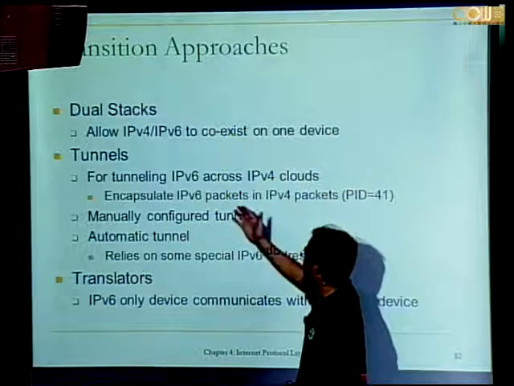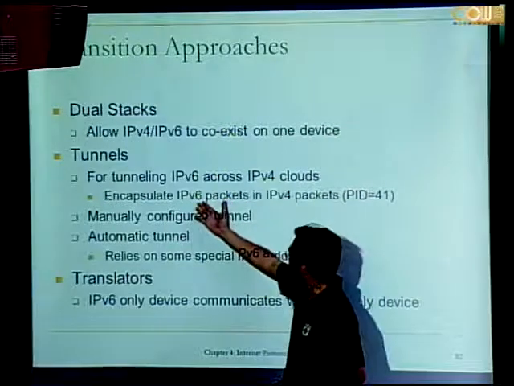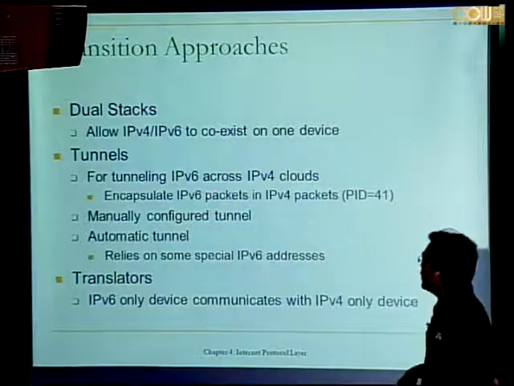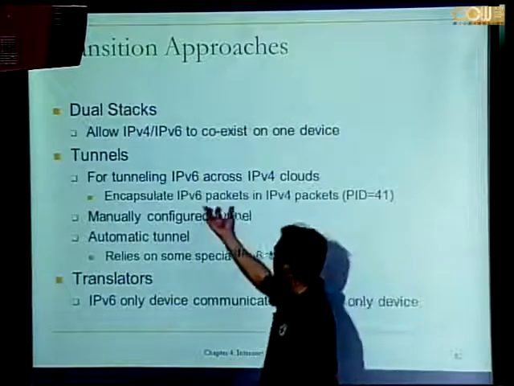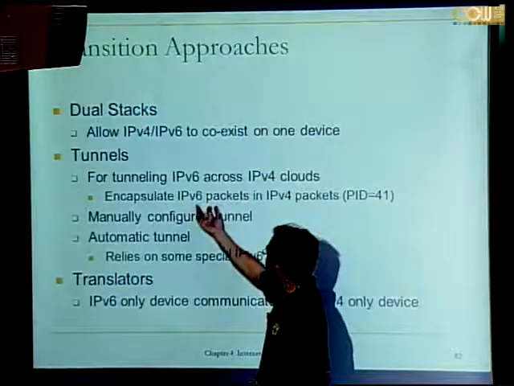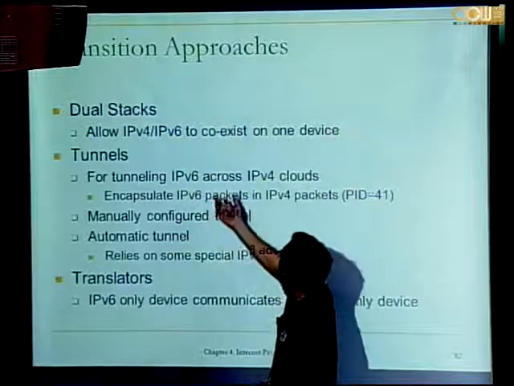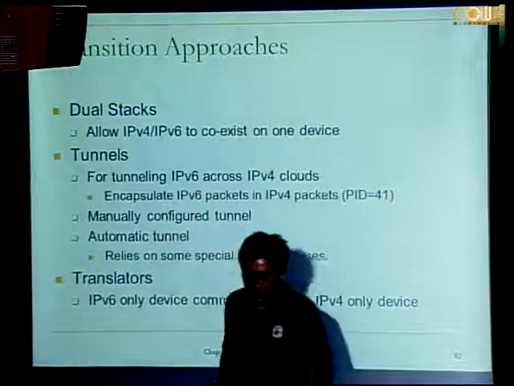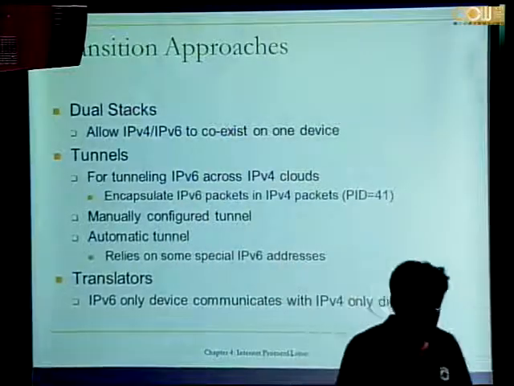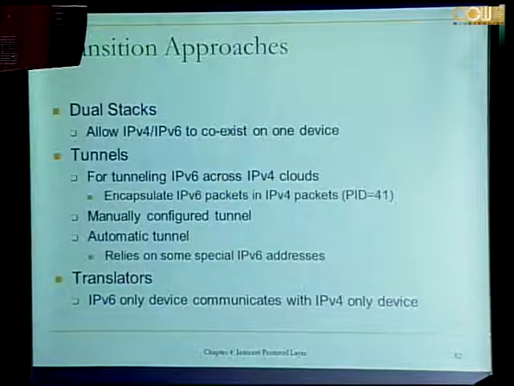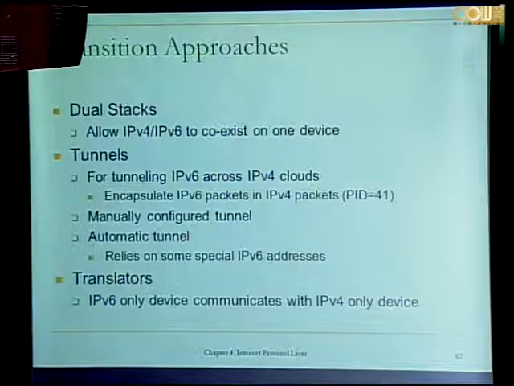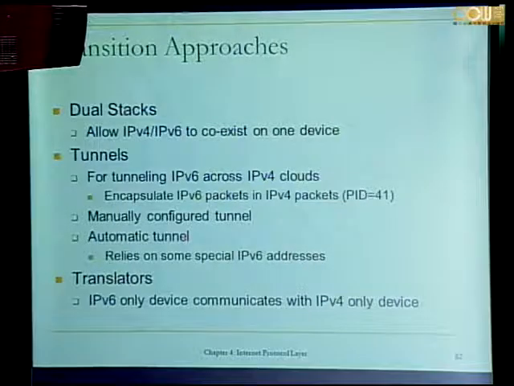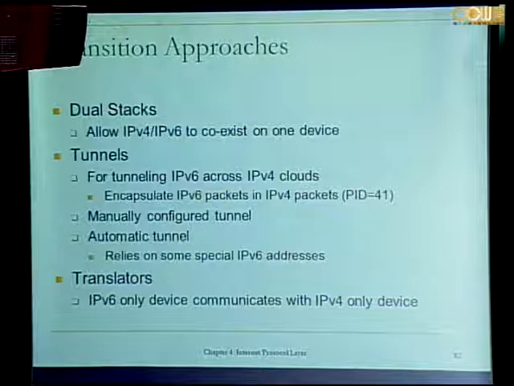Then what you want to do is to encapsulate the v6 packet within a v4 packet, meaning that you would have an IPv6 packet which has an IPv6 header, and then you put another IPv4 header in the front, and that IPv4 header in the front will be used for tunneling. So you would have a configuration like this.